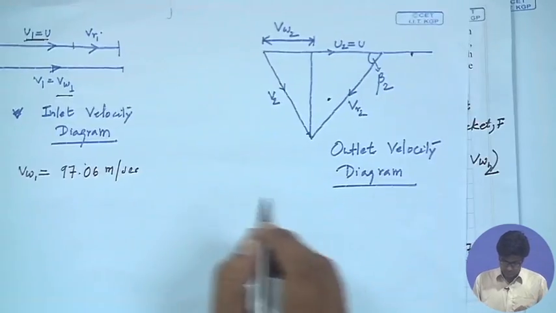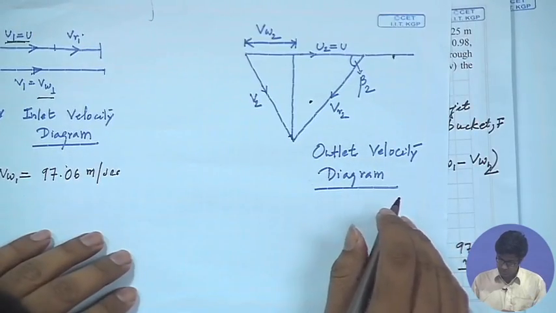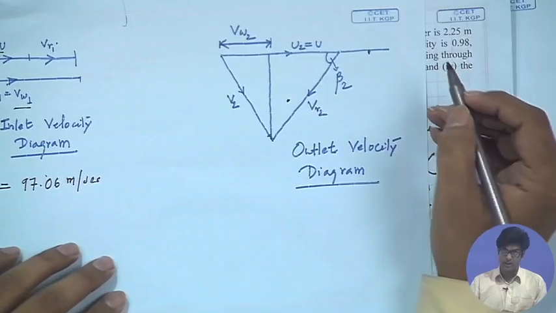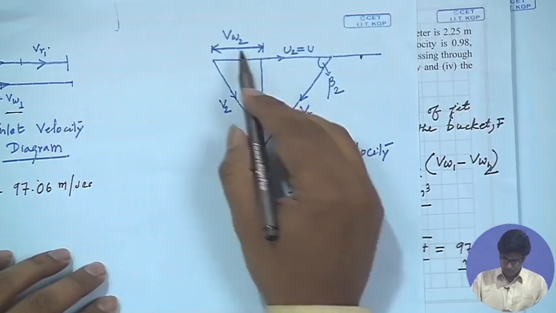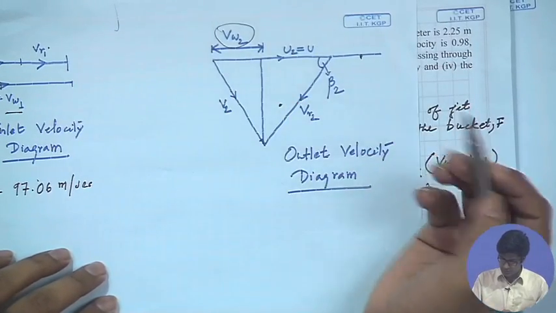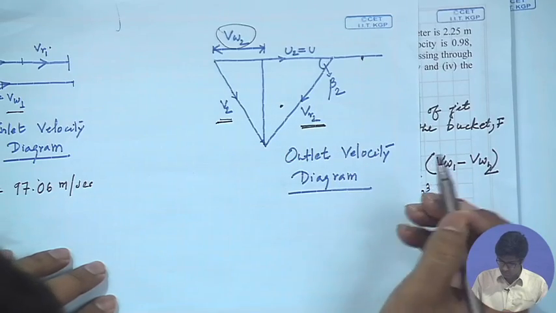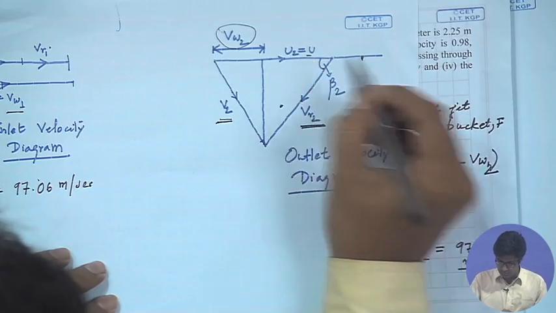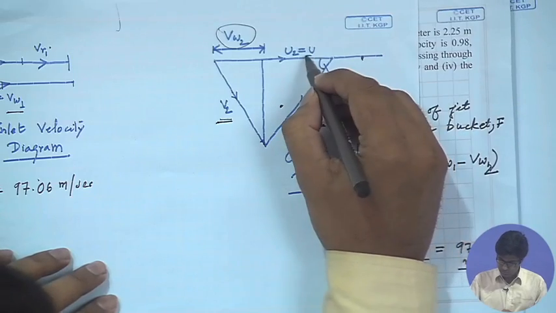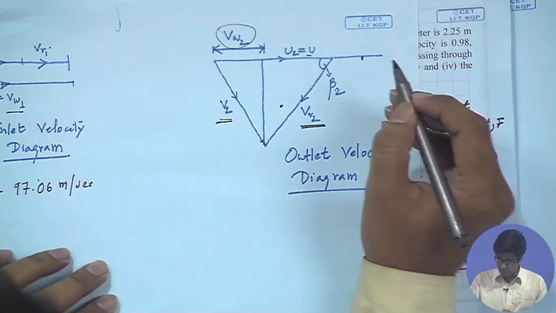So, let us move on to the outlet velocity diagram. In the outlet velocity diagram, this is the tangential velocity at the outlet, this is the relative velocity at the outlet, and this is the absolute velocity of water at the outlet, and this is the peripheral velocity of the blade or the wheel.